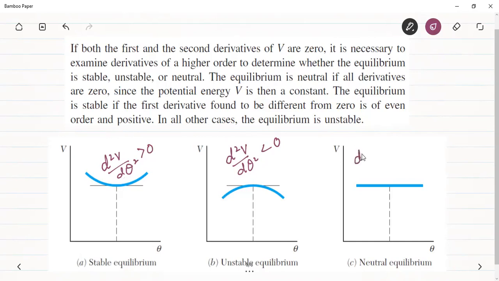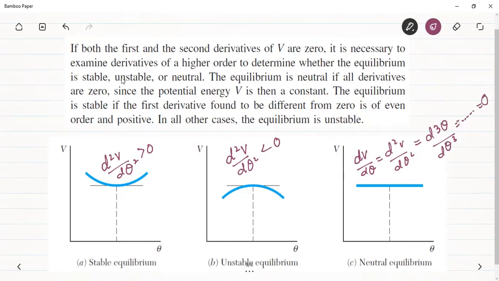What will happen in the case of neutral equilibrium? dV by d theta, d square V by d theta square, the third derivative of the potential energy function, and so on. If they all come to 0, then the system is in neutral equilibrium.